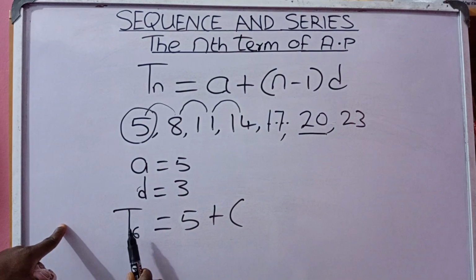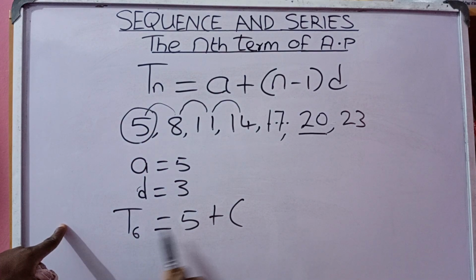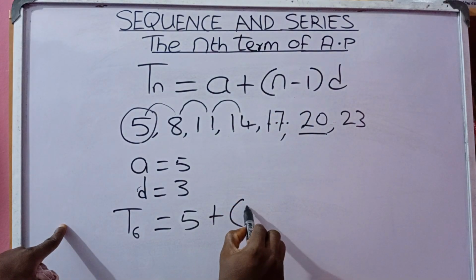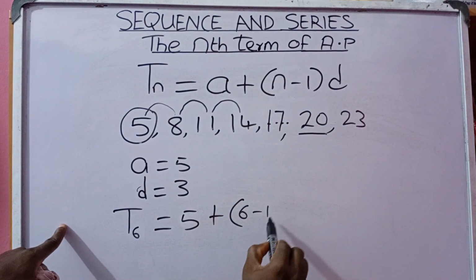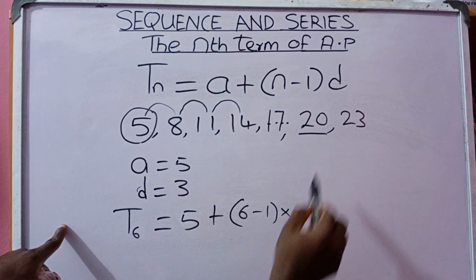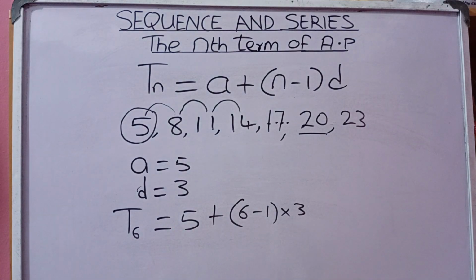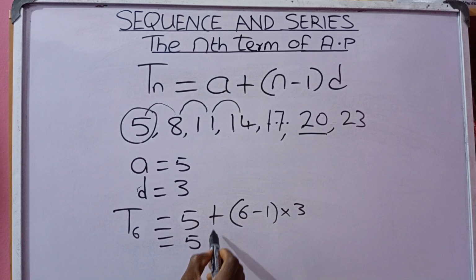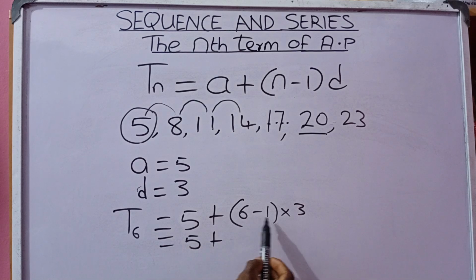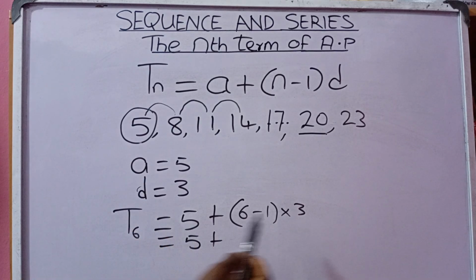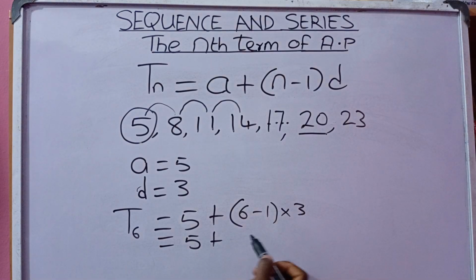That is to say, any place we see n, we put what? 6 there. So in place of n, that will now be 6 minus 1 times the common difference, which is what? 3. All right, so by so doing, we have 5 plus 6 minus 1, which is 5, multiplied by 3 gives us 15.